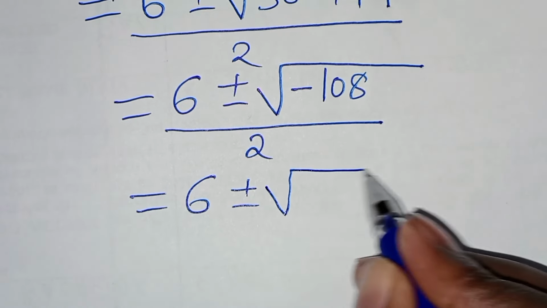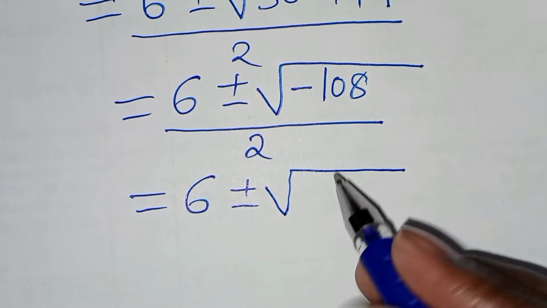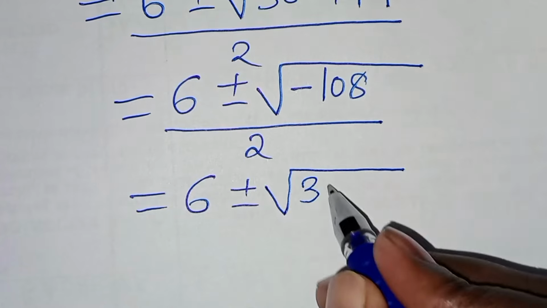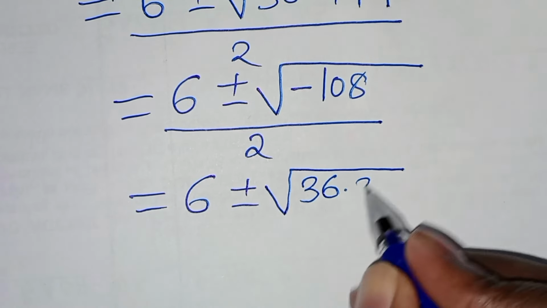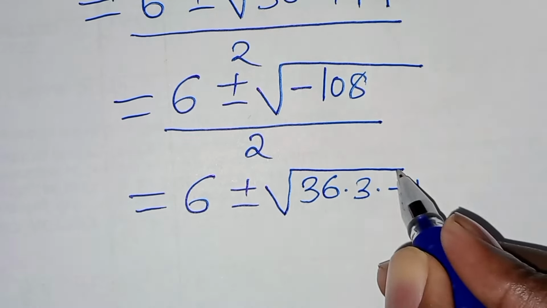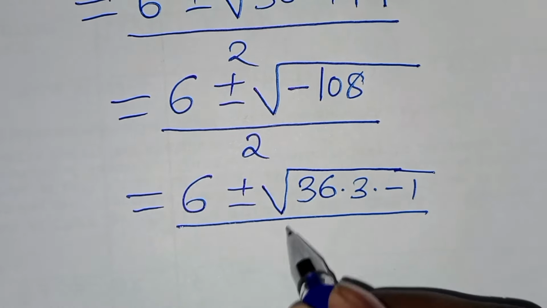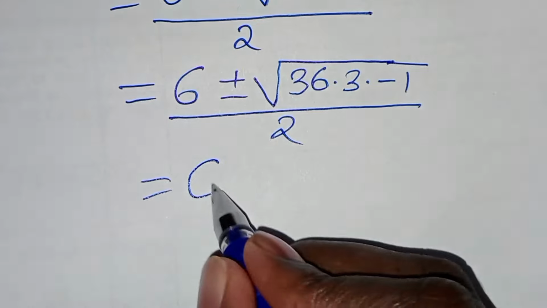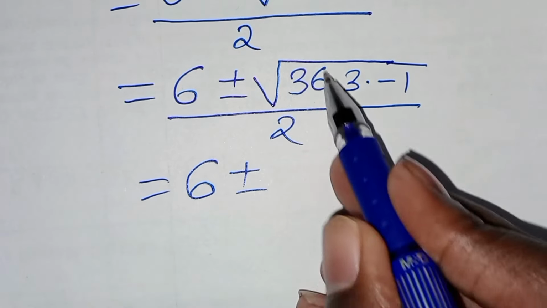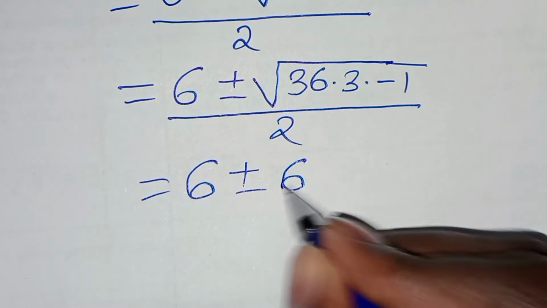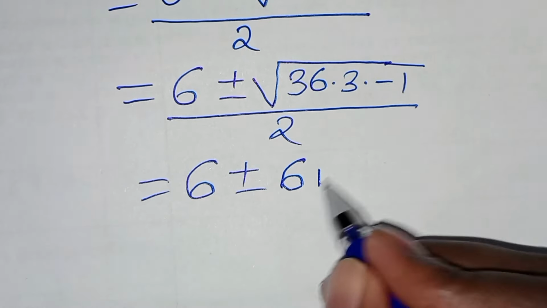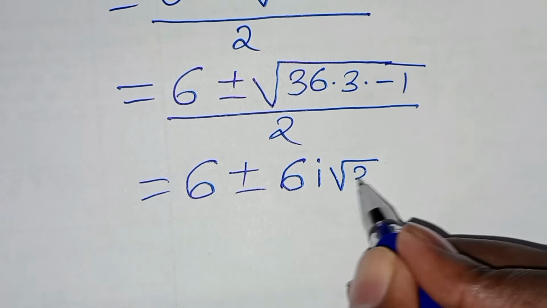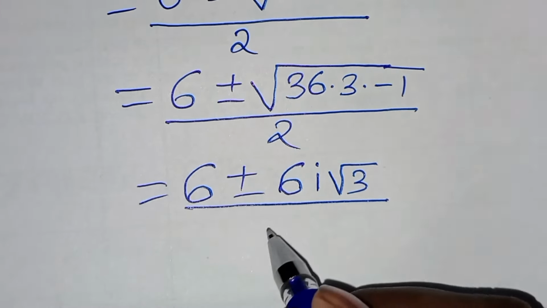We can express the square root of minus 108 as 36 times 3 times minus 1, all this divided by 2. So this implies that here this is 6 plus or minus the square root of 36, this is 6. The square root of minus 1, this is i, then square root of 3, all this divided by 2.